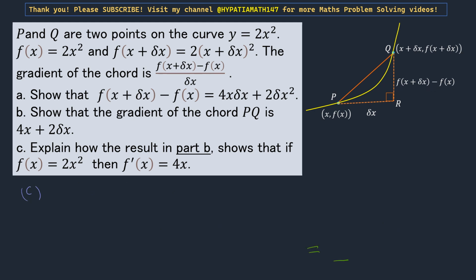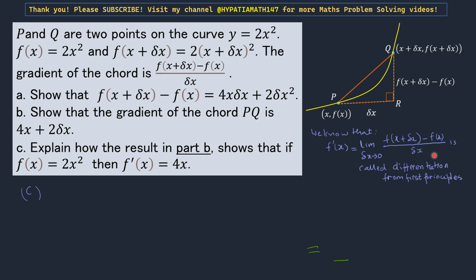So for part C, we know that f dash x is the limit as delta x tends to 0 of f(x plus delta x) minus f(x) out of delta x. This is called differentiation from first principles, so we will use that here.